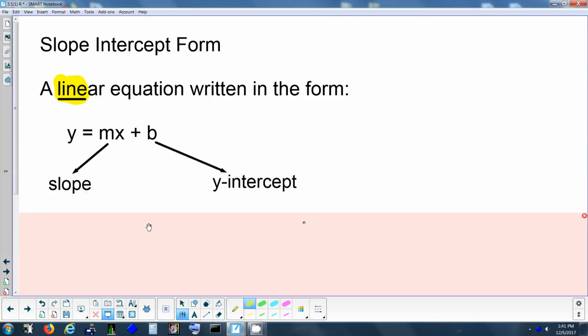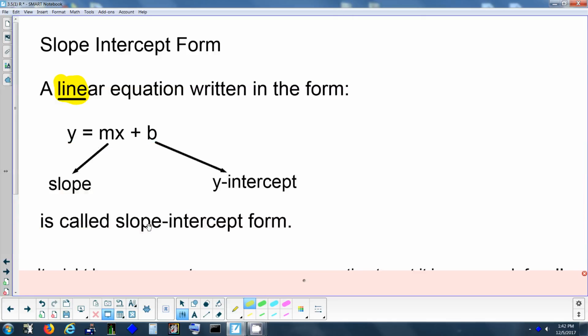Make sure the M is above the arrow for slope, and the B is above the arrow for y-intercept. There's your formula. Basically, the number with x attached is always the slope.